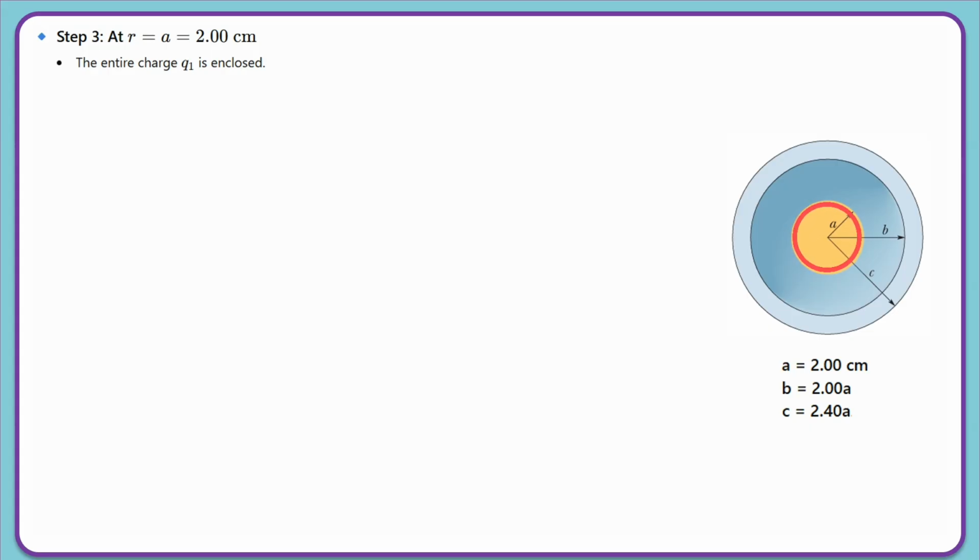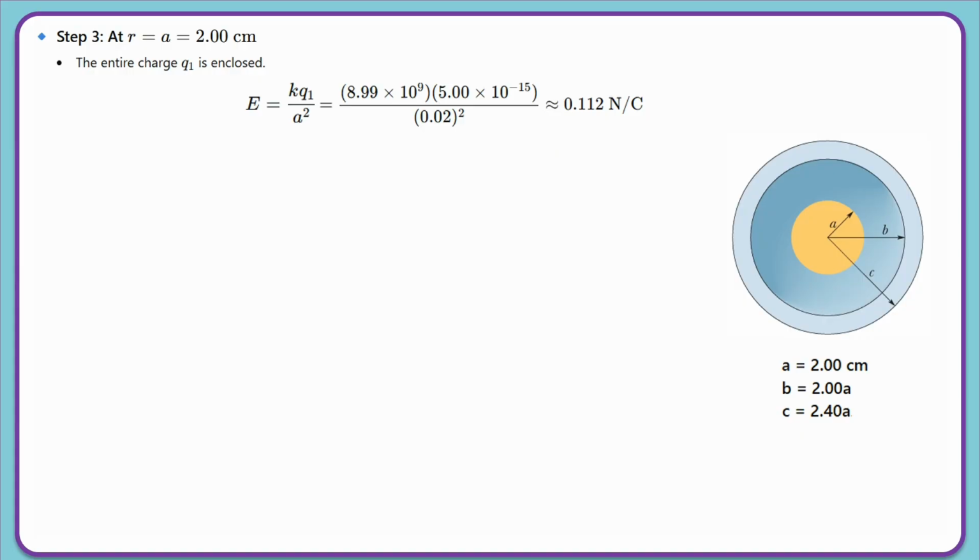Therefore, the entire charge, Q1, is enclosed by the Gaussian surface. Using the equation E equals KQ1 divided by A squared, we obtain E equals 0.112 newtons per coulomb.